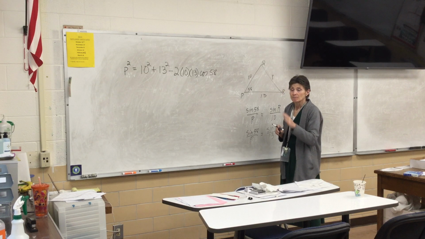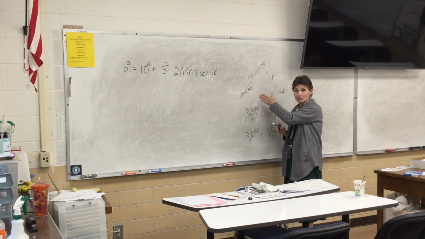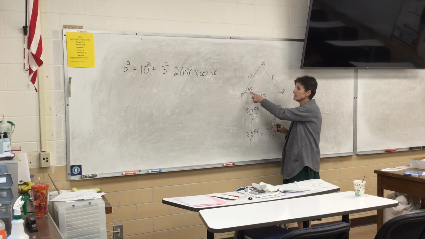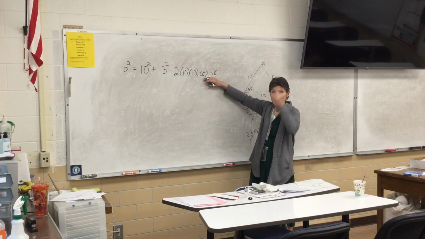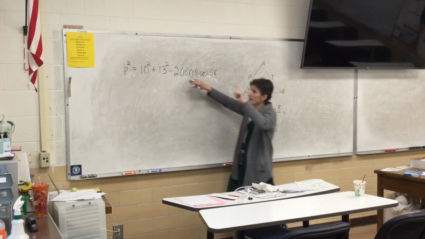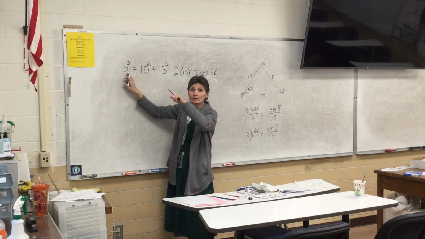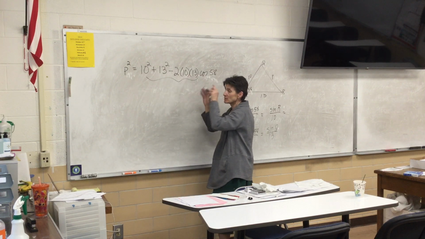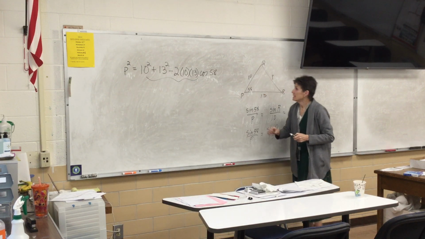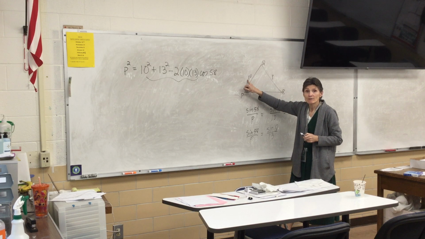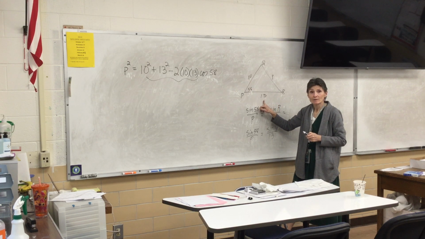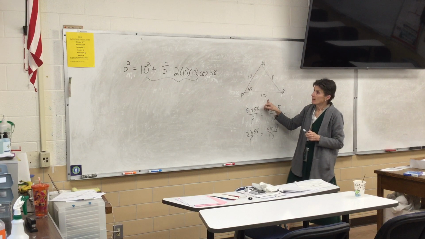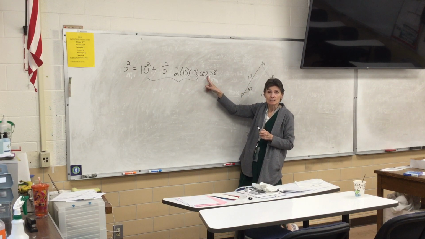So again, once you've identified what angle you're using, and you're only going to have one, so that's the one you're using, that cosine goes out here on this end, and the side square goes over here all by itself. And then all this stuff in the middle is always the same pattern. It's side squared plus side squared minus 2 side. And that's what's hooked to the cosine 58.